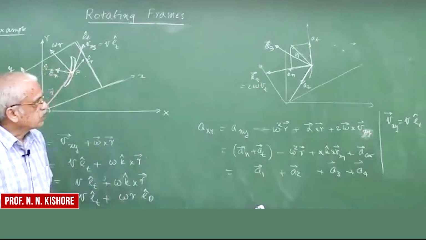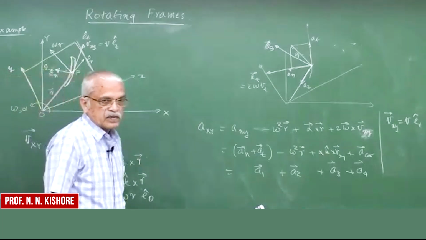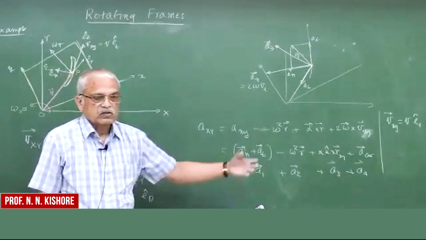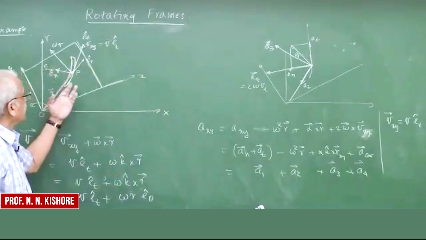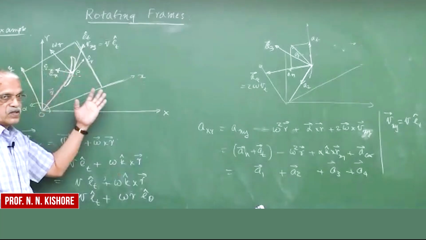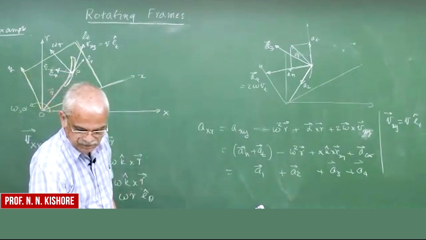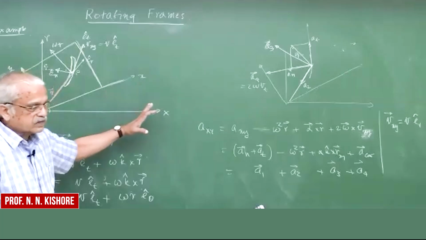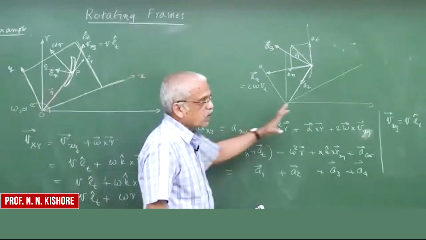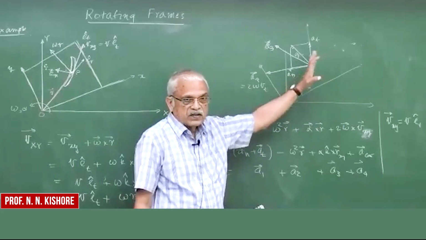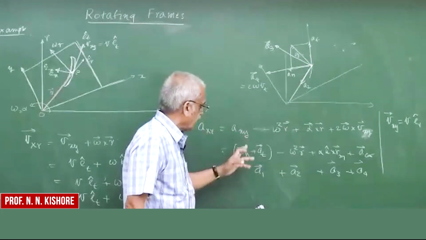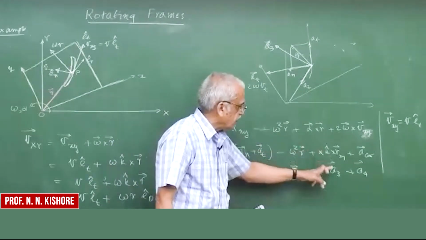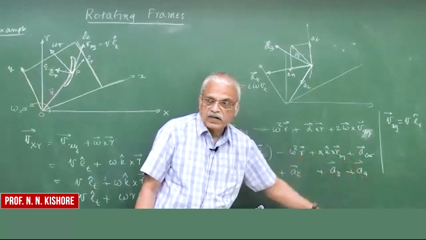So understand now? There are so many components, but not all are in the direction of R or perpendicular to R. It all depends upon how the velocities and accelerations in the small xy frame change. So we saw a simple slot along the x-axis, and then a complex curved slot, and the various accelerations with respect to the small xy frame: the a2 component, a3 component, and the Coriolis component a4.